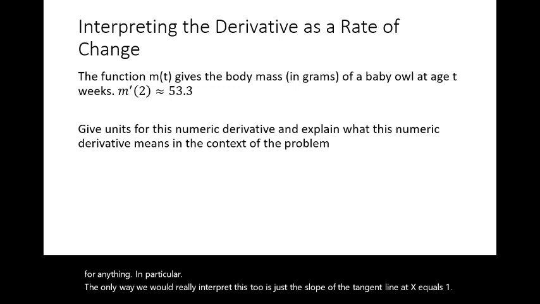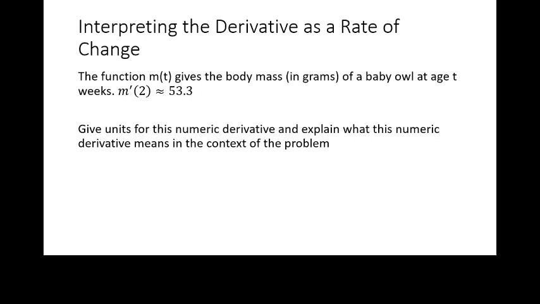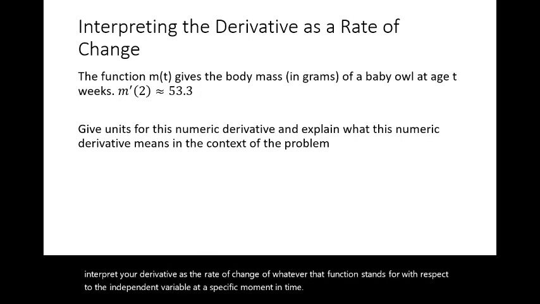However, when your function does stand for something that is applied, that means you can interpret your derivative as the rate of change of whatever that function stands for with respect to the independent variable at a specific moment in time. So let's say that some function m of t, which I'm not going to give you, you don't need it, gives the body mass in grams of a baby owl at age t weeks.